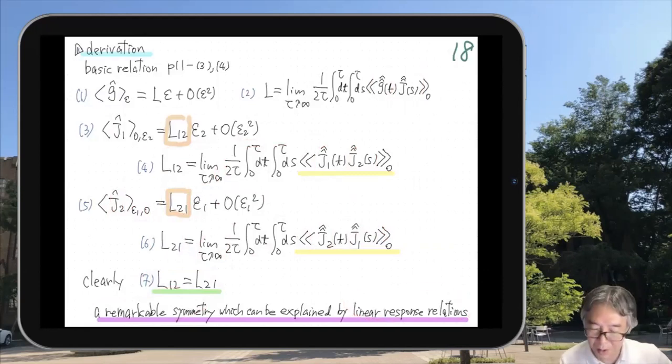Behind the linear response relation is the detailed fluctuation theorem, and behind the detailed fluctuation theorem is a kind of time reversal symmetry. So we were able to derive this kind of beautiful symmetry. These were all for linear response relations and the closely related reciprocal relations.